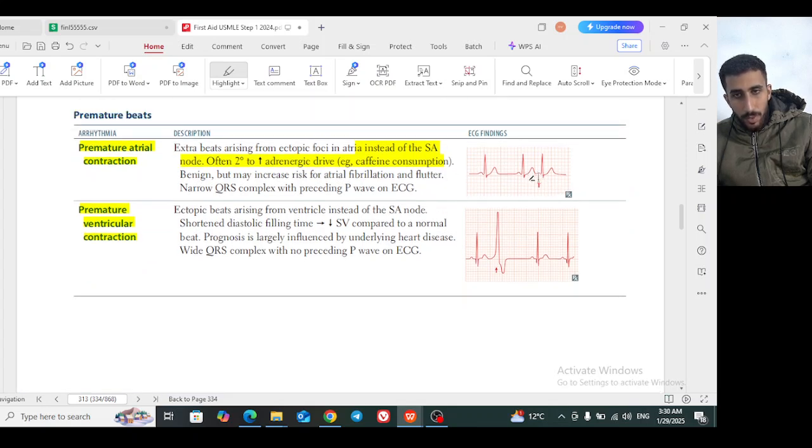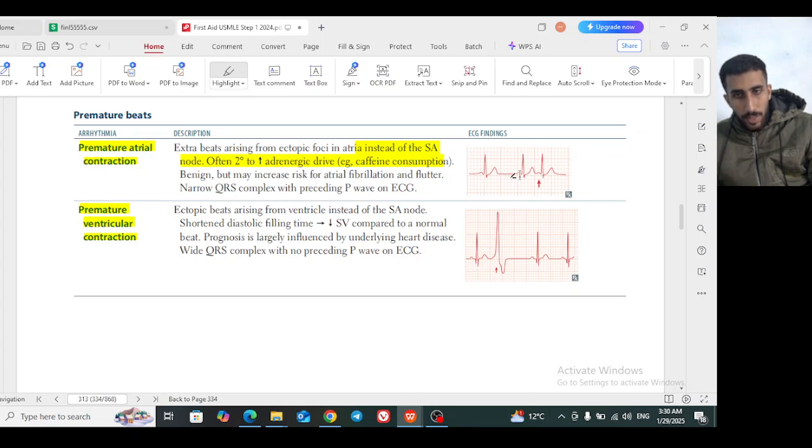You have a P wave here, so it comes from the atria. But it came earlier, which means that it's ectopic, that it's premature. So, premature atrial contraction is an extra beat that came prematurely from an ectopic focus instead of the SA node.